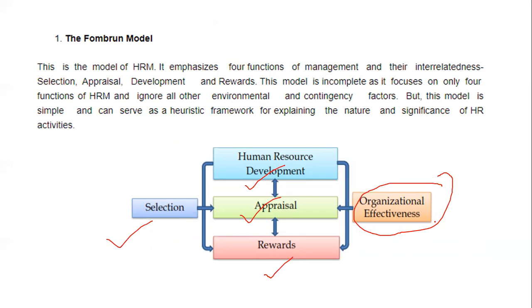It can serve as a heuristic framework. Now, what is the meaning of heuristic framework? It means coming up with something or framing something in order to solve the problem. Instant solution, you can say, for explaining the nature and significance of HR activities.